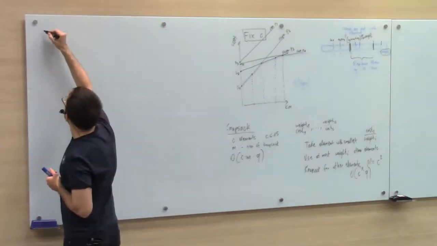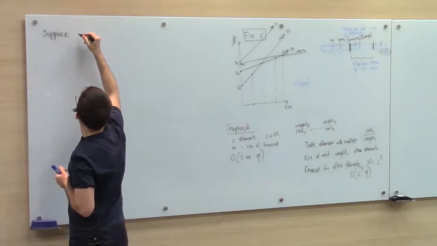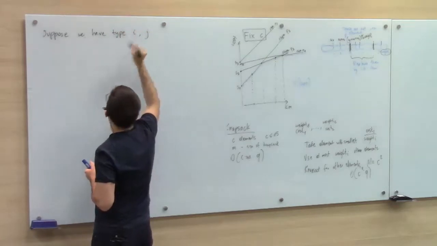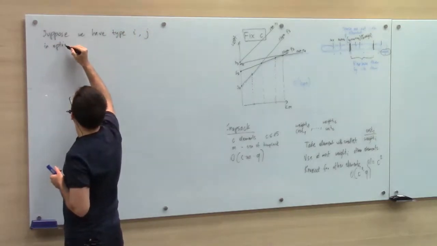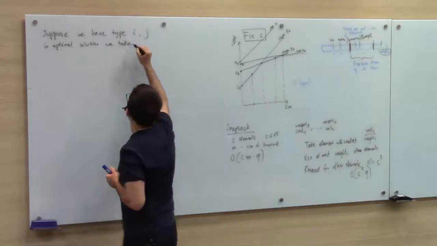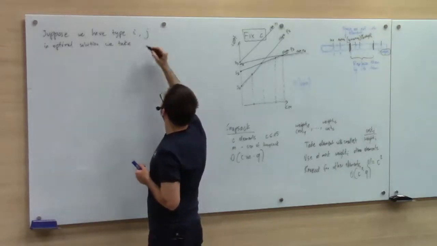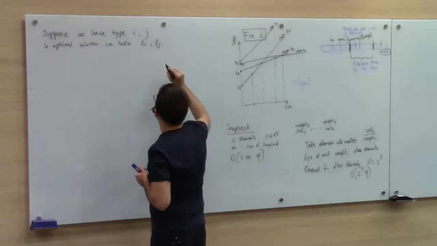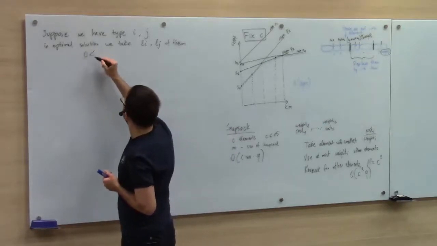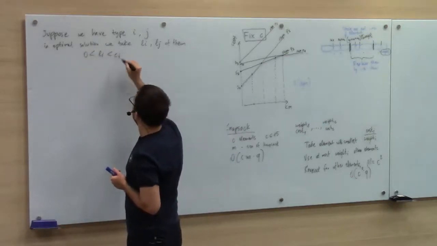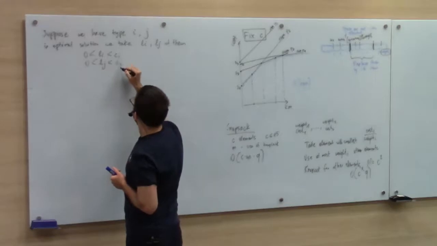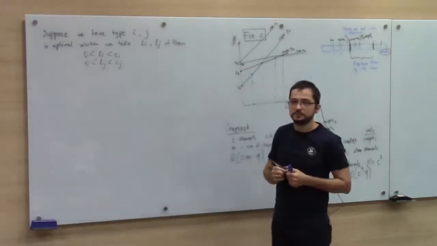So suppose we have types i and j, and in the optimal solution we take Li and Lj of them, and we have Li strictly between 0 and Ci, and also Lj strictly between 0 and Cj.